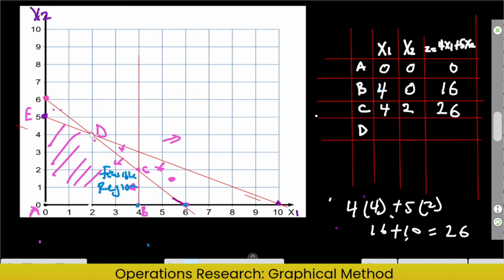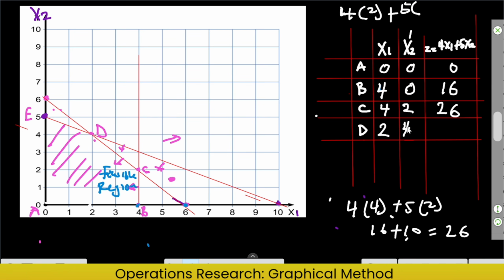So let's move on to D. This is D, right? Now if you move on to D, realize that the value of x1 at that point is 2. Let's trace it down. Down, down, down, down is 2. And that of x2, so let's go and look at x2. The x2 is 4. So we have 4 times x1, which is 2, plus 5 multiplying x2.